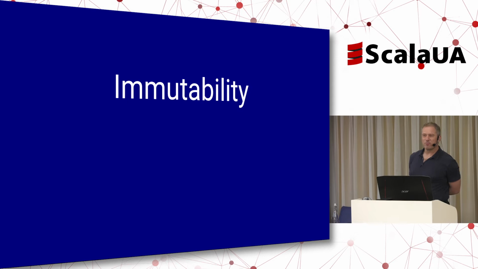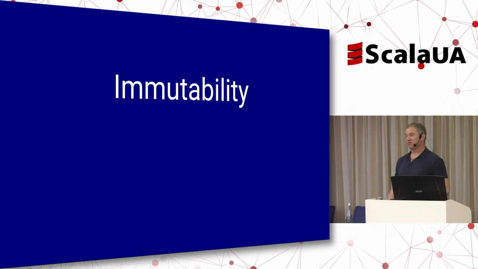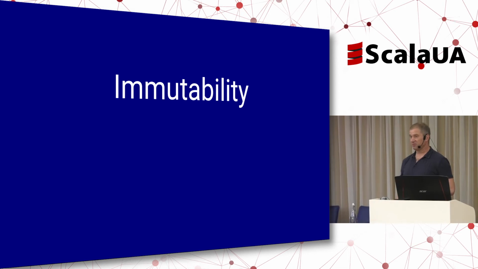Okay, so the big issue is immutability. And we already heard, depending on what talks you were at, that immutability is of course a little bit religious, to say, okay, everything has to be immutable. And is this going to work?